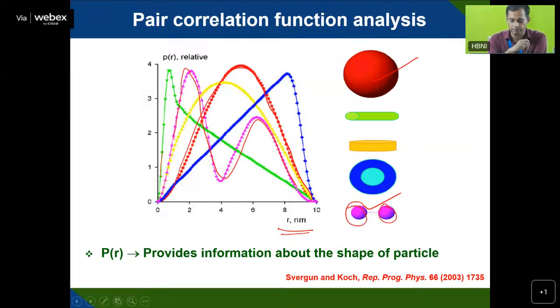So you get this type of structure. For a core-shell, you see how it varies, and for a disc-like shape you get a broad symmetric pattern. So based on this P(r) distribution function, you can get the shape of the particles, similar to what you get from the q to the power minus 2, minus 1 or minus 3 fitting of P(q) data.